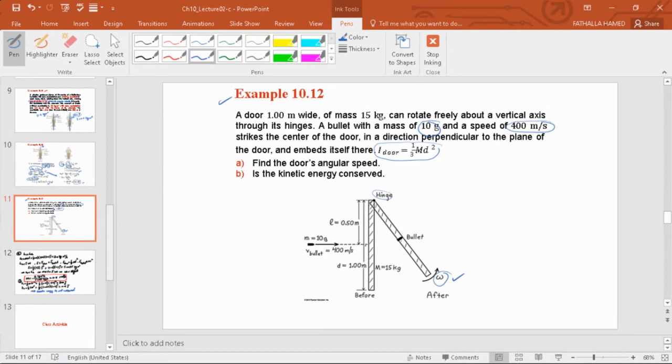Now the bullet hits exactly in the center, so it is 0.5 meters away from the axis of rotation. And it comes in with a speed of 400 meters per second, and the mass is 10 grams. They ask us, what is this omega here? So find the door's angular speed, and then is the kinetic energy conserved?